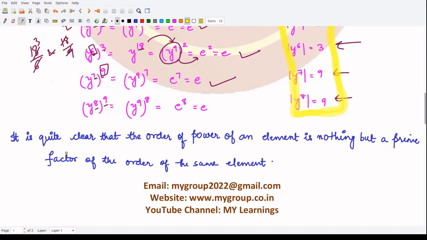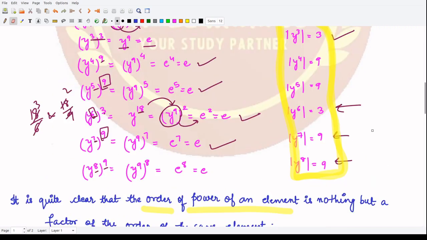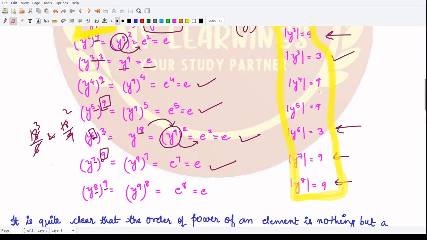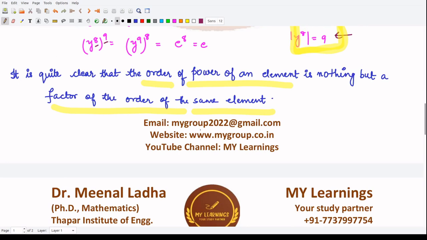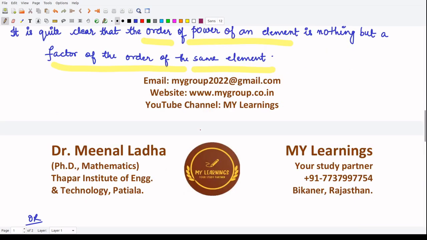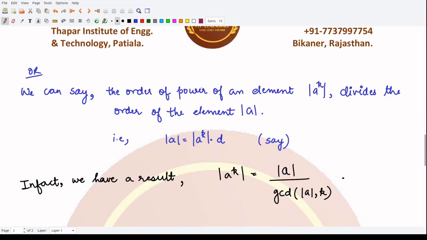Hence you can say that it is quite clear that the order of a power of an element is nothing but a factor of the order of the same element. You can remove the word prime from here. Why? Because it is not always a prime number, because you also get a 9 here and a 6 here in this particular case, right?